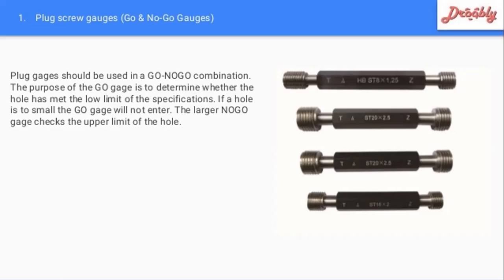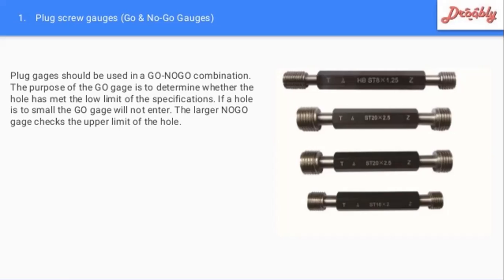So the larger no-go gauge is used to check the upper limit of the hole which is specified. On the right side you can see the different types of plug screw gauges.